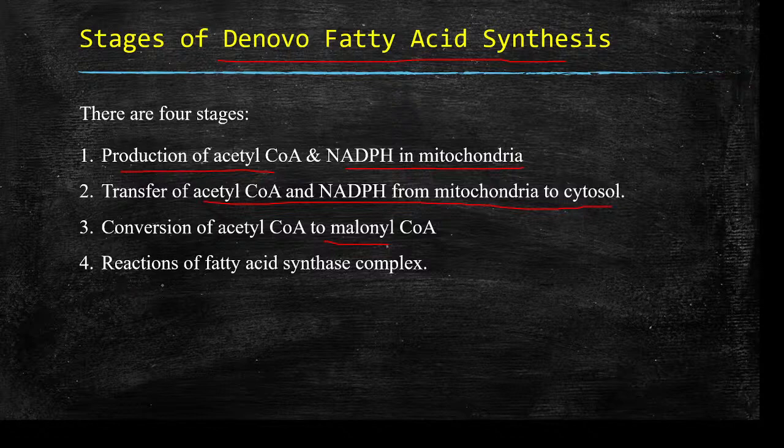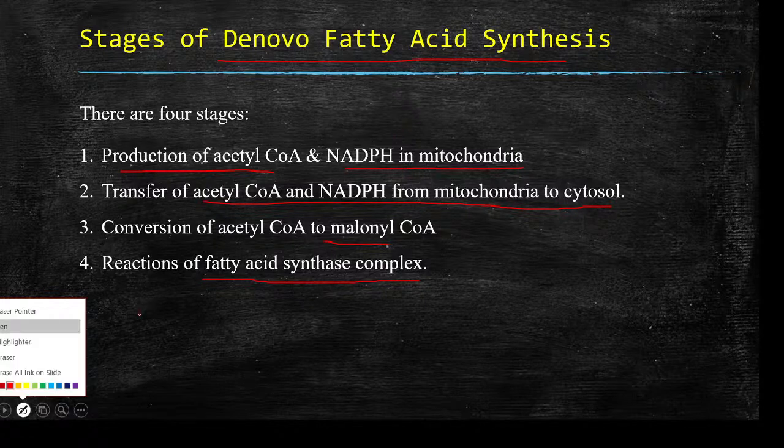And finally, the major part of the pathway is the reactions that occur in the fatty acid synthase complex. Fatty acid synthase complex is an enzyme complex which contains 7 different enzymes, and these 7 enzymes catalyze 7 different reactions in different stages, which we will look into in future slides.